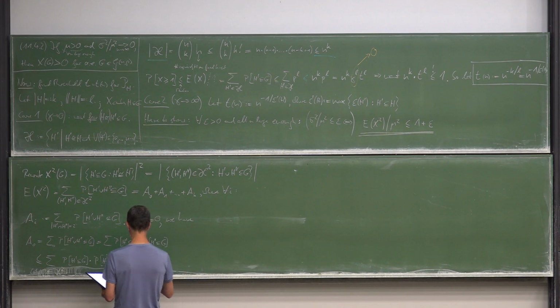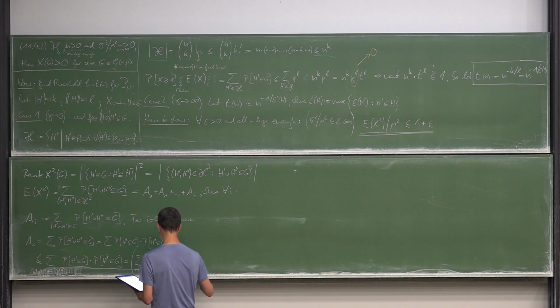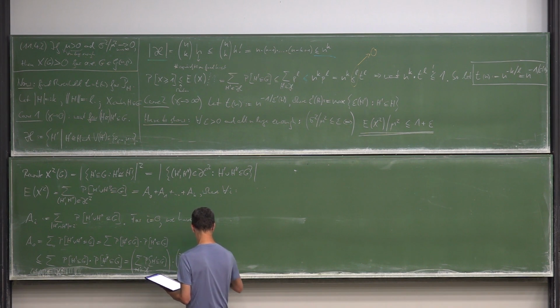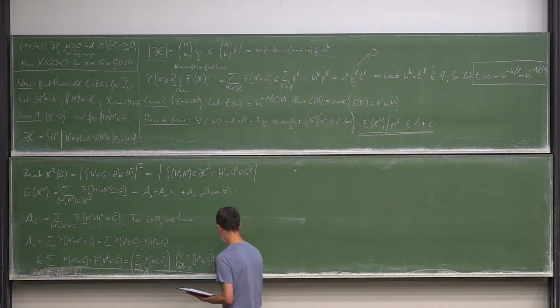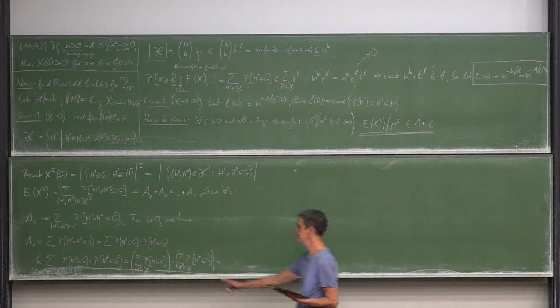So that is the sum over all H prime in curly H of P of H prime in G, times the same for H double prime. Okay, so what's this first factor?